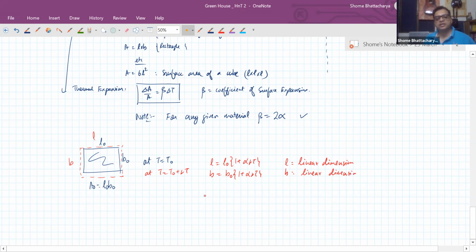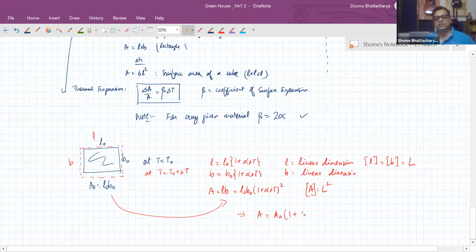Okay. But the area has a dimension of L square. Length and width both have the dimension of capital L. Okay. So now if you compare this expression with this expression, you can see that A is equal to A naught into 1 plus alpha delta T whole square. Okay.